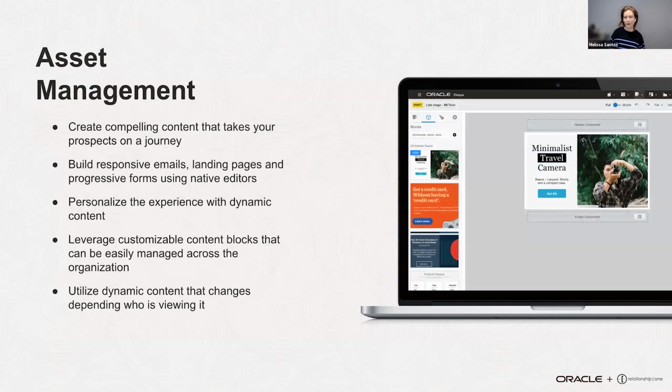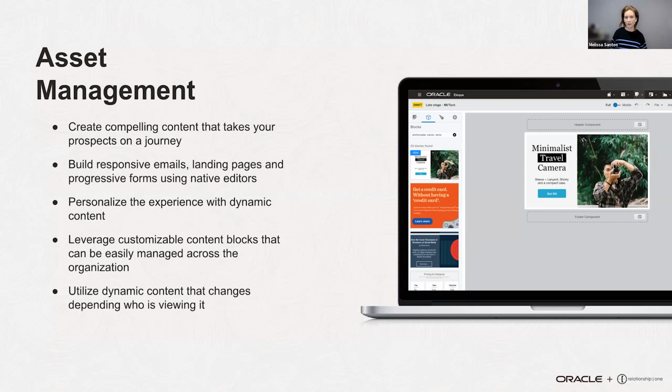Our campaigns are nothing without assets, right? We need emails, we need landing pages, we need all of that content. Eloqua makes it very easy to do that because marketers can go in and quickly do drag and drop assets, right? We can create these on our own without necessarily needing HTML knowledge or CSS knowledge. What's super important, especially in this day and age and in our industry, is personalization.